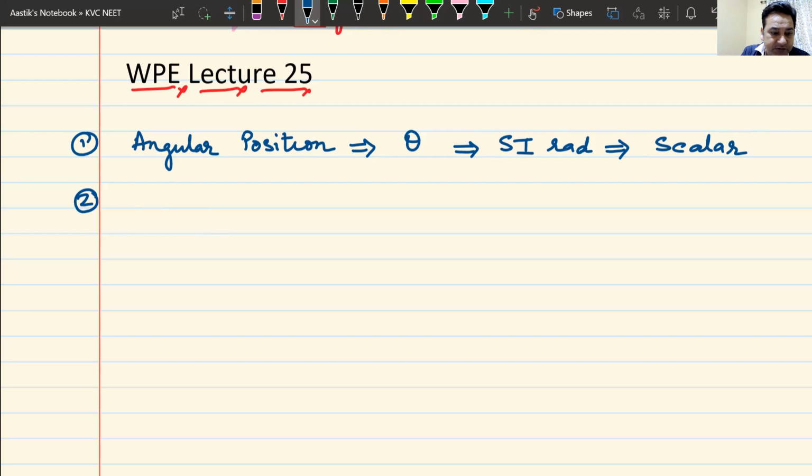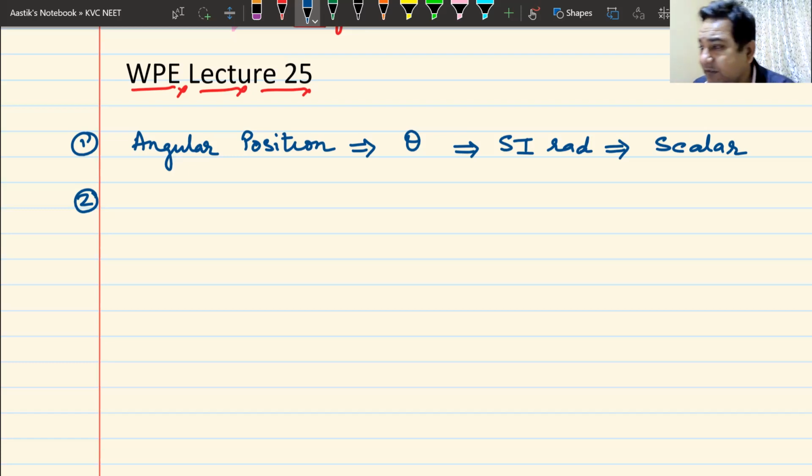Angular position was the first thing that we discussed. What was the next thing that we discussed? Anyone? After angular position, what was the next thing that we discussed? No one knows it?